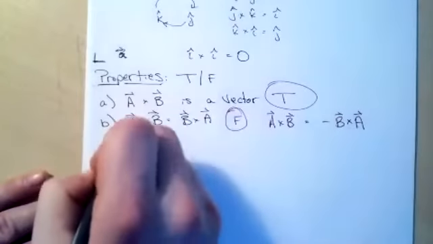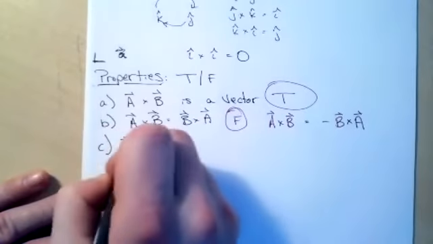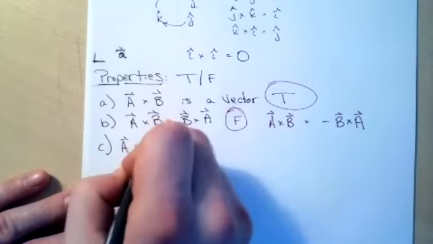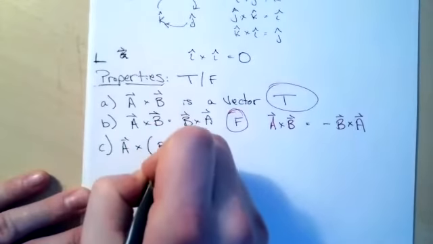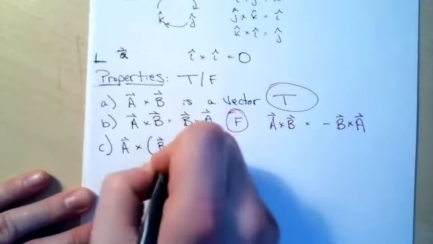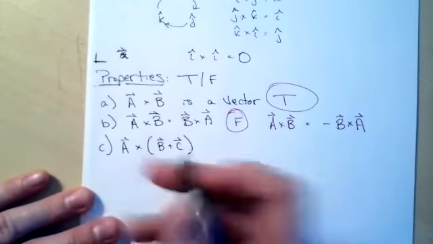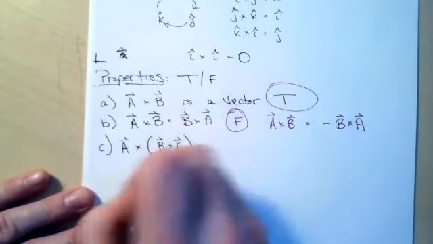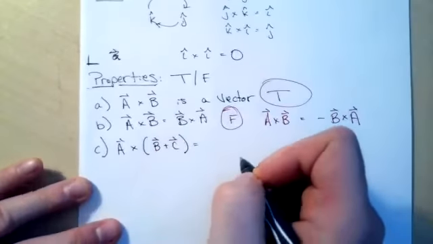C, we want to take a look at our distribution law. So A cross B plus C. So our cross product is a multiplication. We want to know how it interplays with the sum of two vectors.